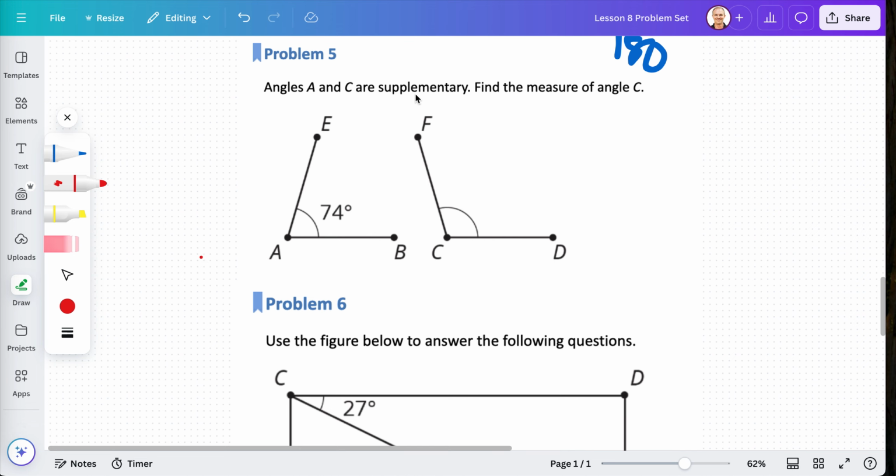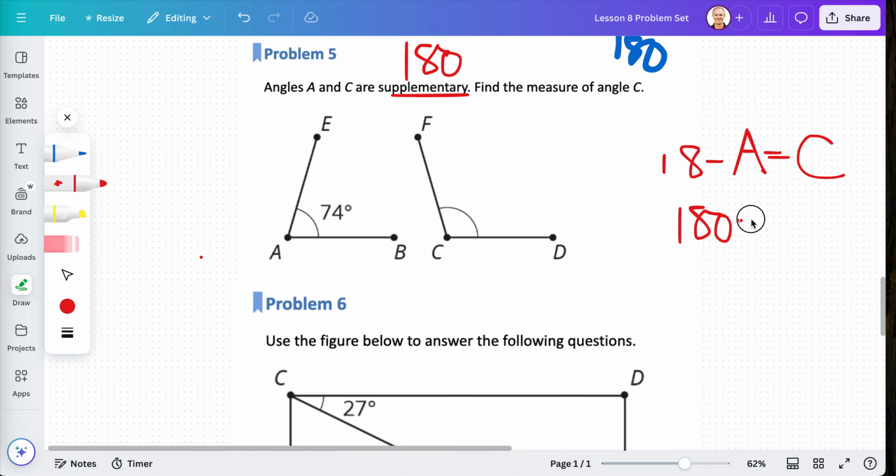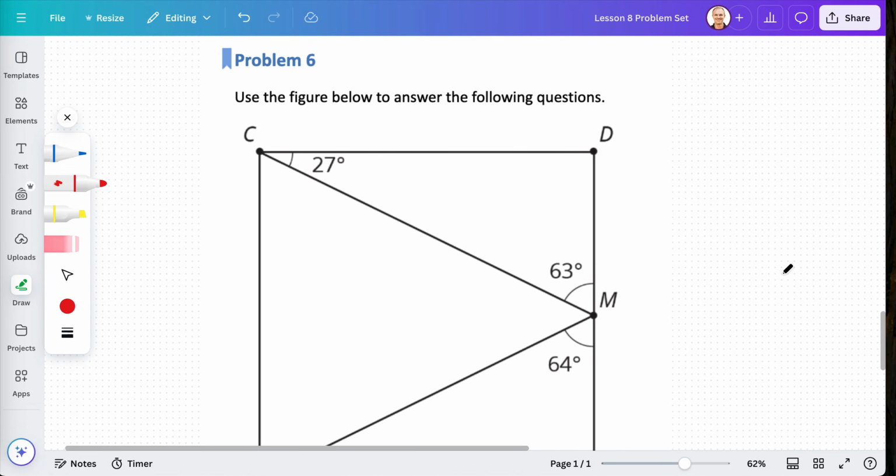They're supplementary, and supplementary means 180 degrees. So we'll take 180 degrees and subtract angle A, and that should be angle C. Now 180 degrees minus angle A is 74 degrees equals angle C. I'm going to let you finish that yourself.